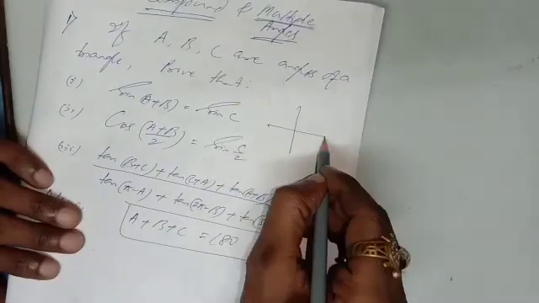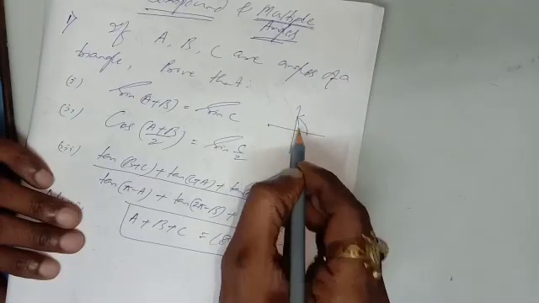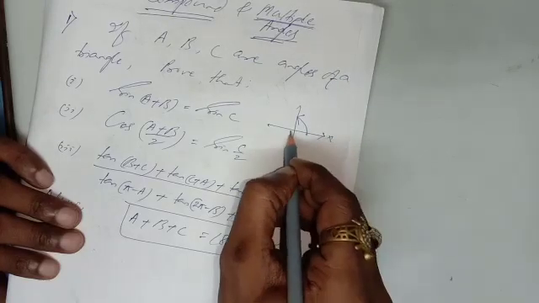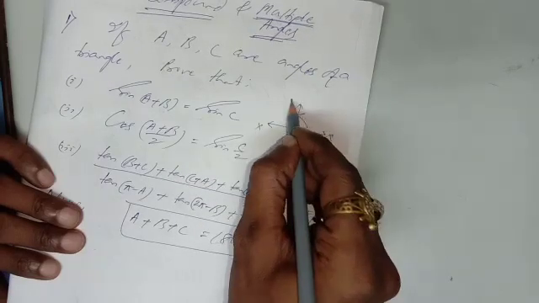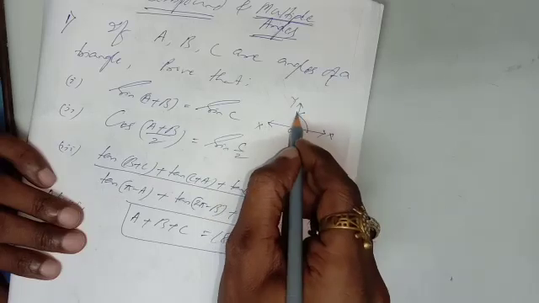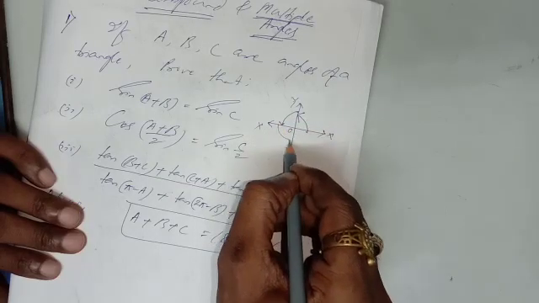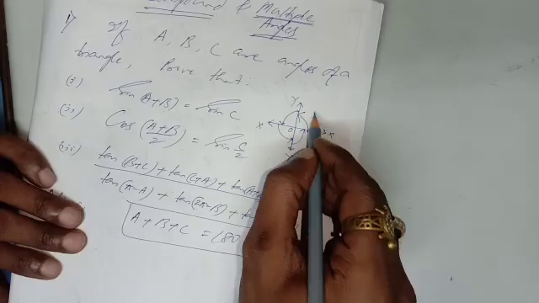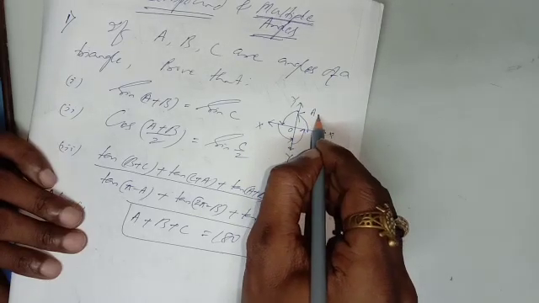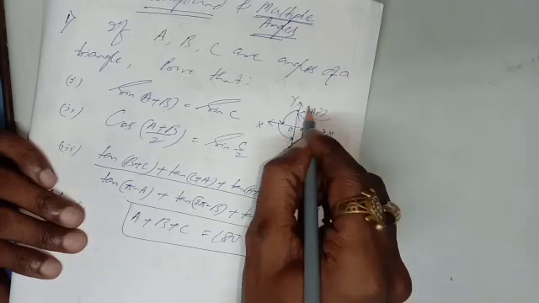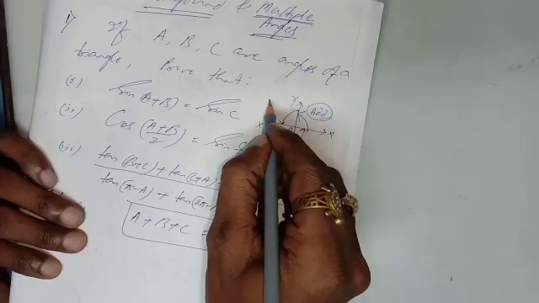Before going to the sum, you should have the basic concept about the quadrants. This is the first quadrant, 0 to pi. This is the x dash, y. Very shortly I am explaining. First quadrant, this is the second quadrant, this one is the third quadrant, and this one is the fourth quadrant. First quadrant all positive. All positive means: add sugar to coffee.